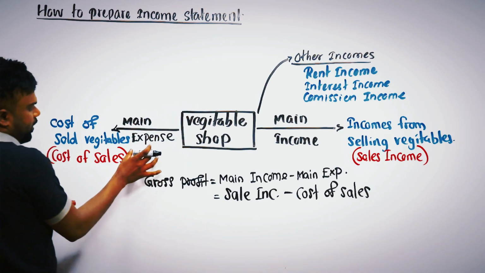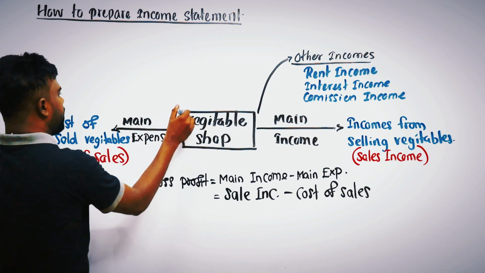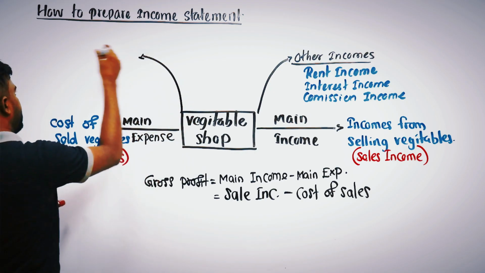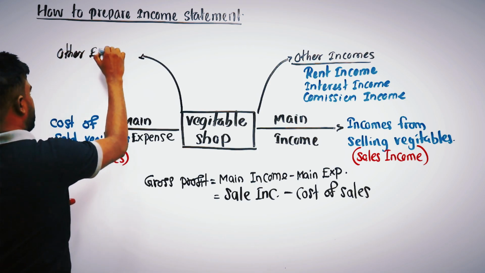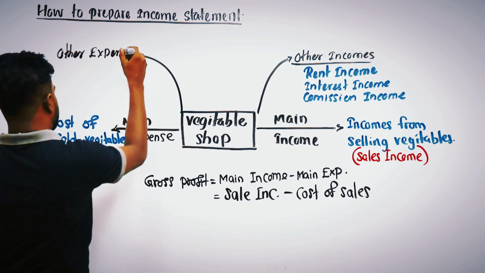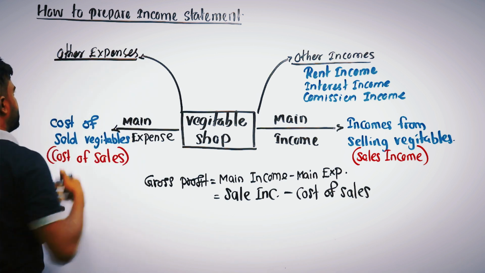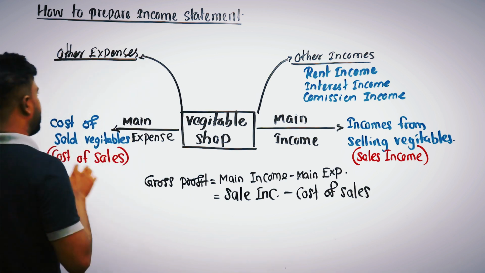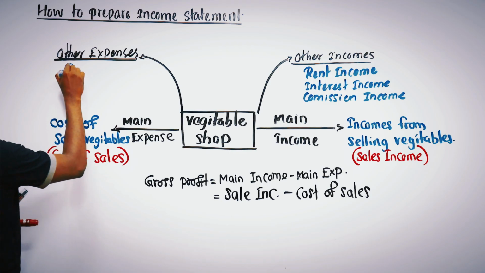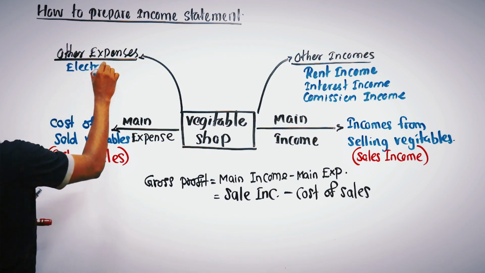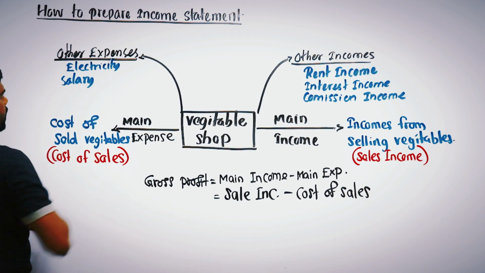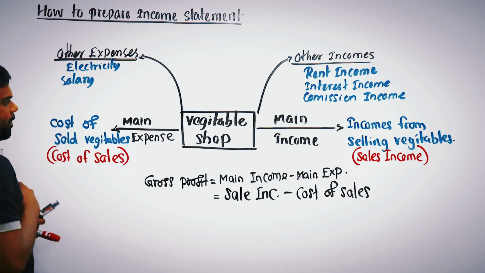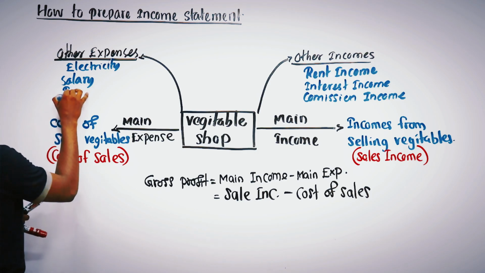In addition to the main expense, cost of sales, you can identify other expenses. Clear? Other expenses means like rent, electricity expense, salary expenses, insurance expenses.